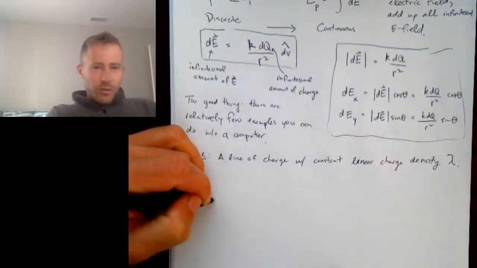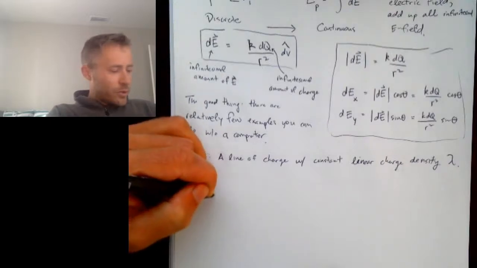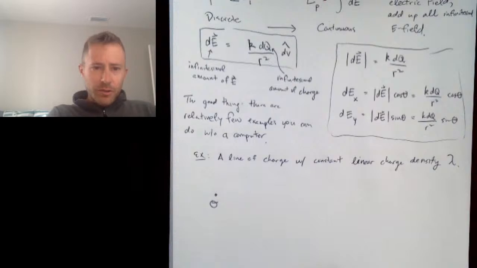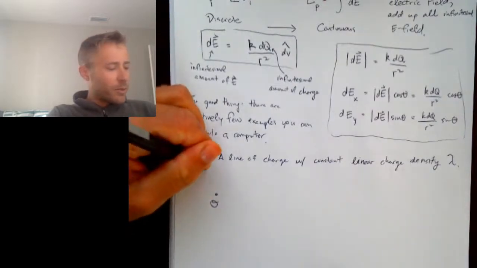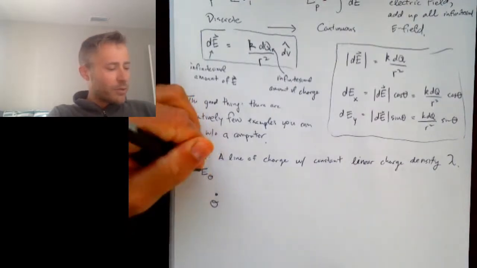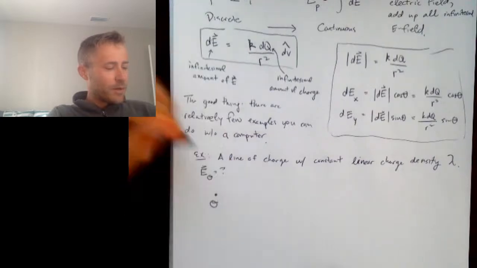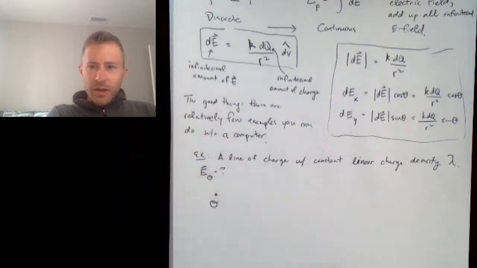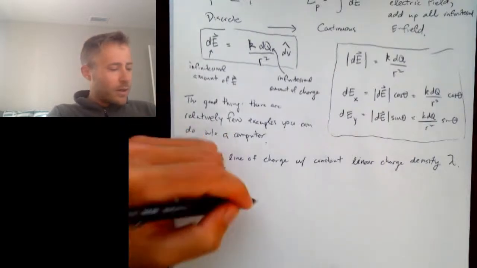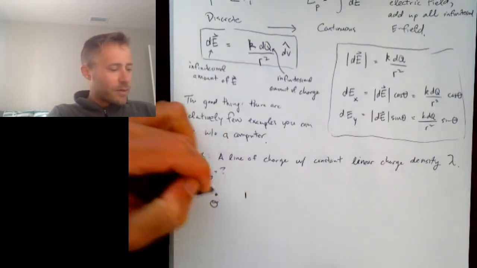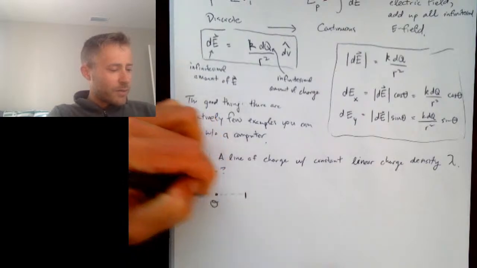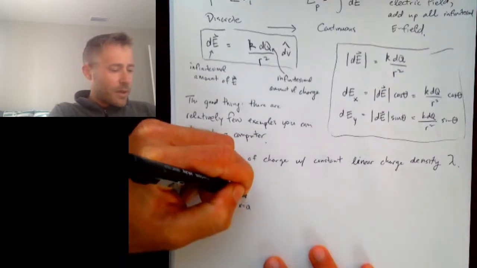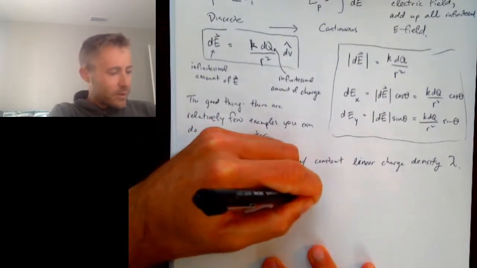Let's suppose that we have the origin here, and we want to calculate the electric field at the origin. This line of charge starts, here's the x-axis, at x equals a, and it goes on to infinity.